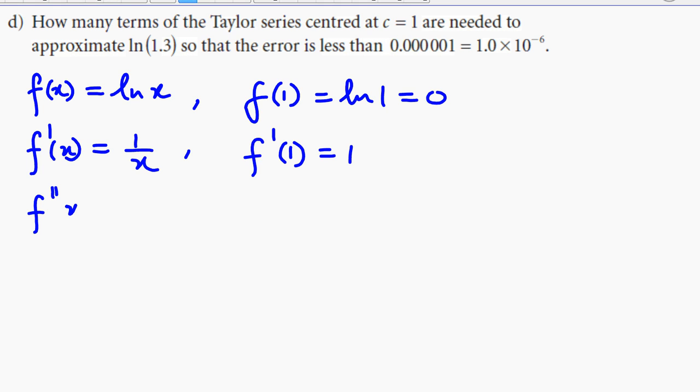The second derivative of this function will be negative 1 over x squared. So the value of the second derivative at x equals 1 will just be negative 1.